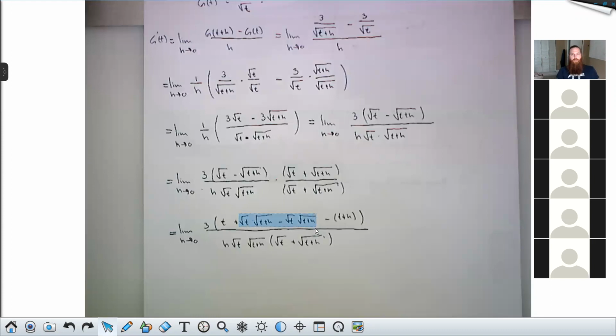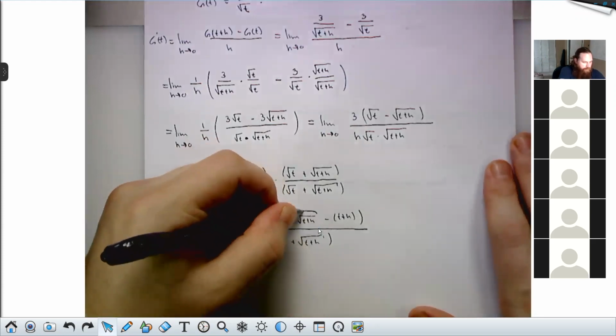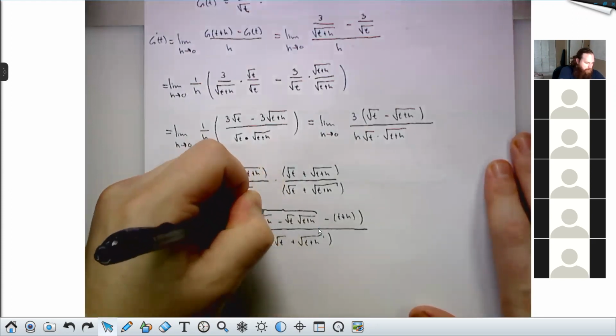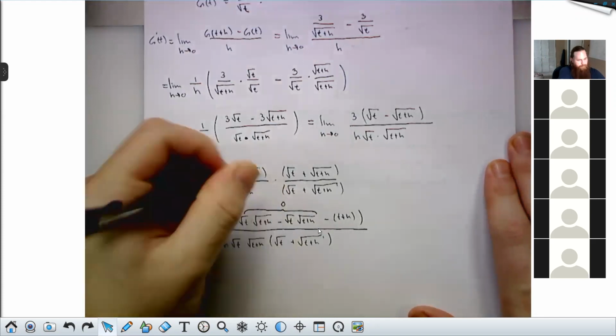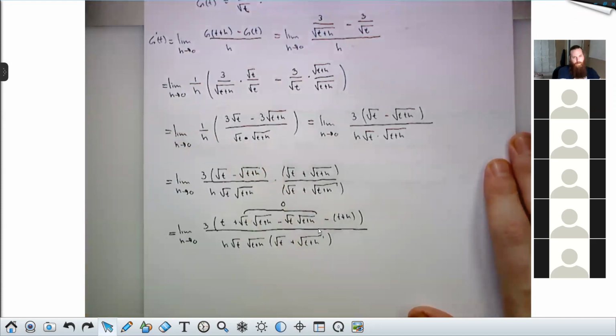These add up to 0. You see it? It's plus something minus that same thing. So these guys sum to 0. And what's left is t minus parentheses t plus h.